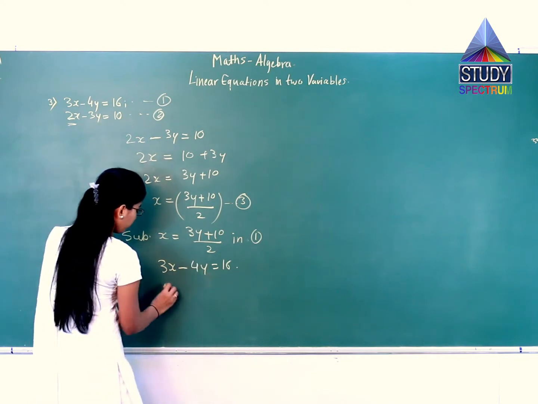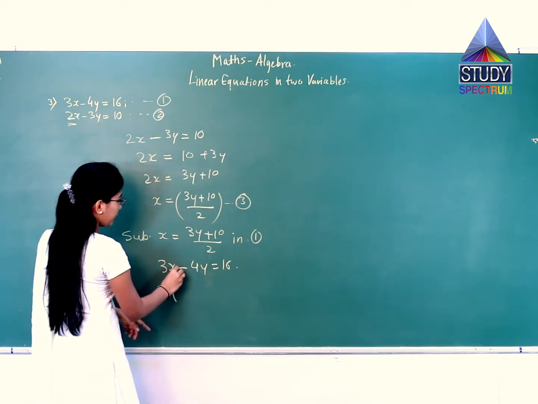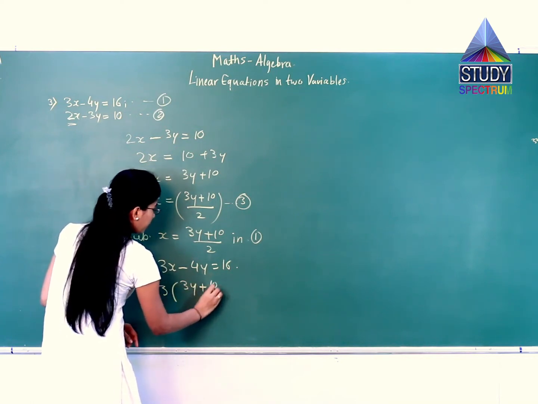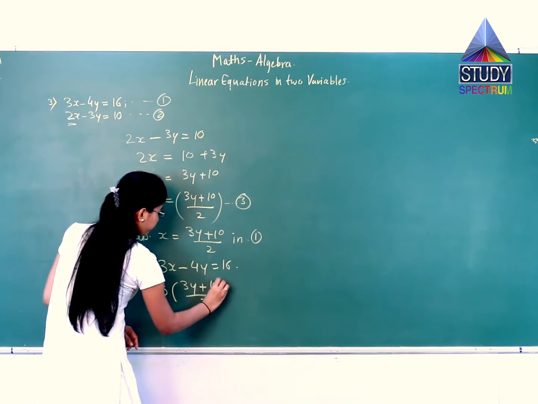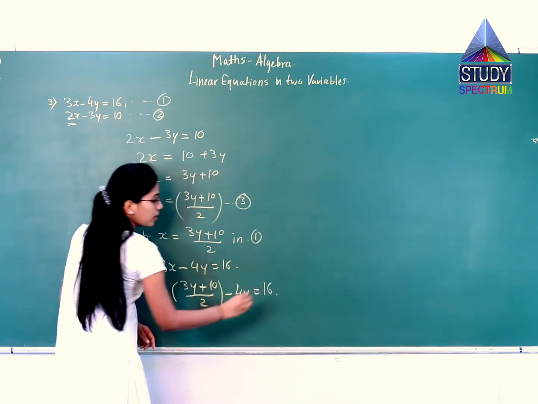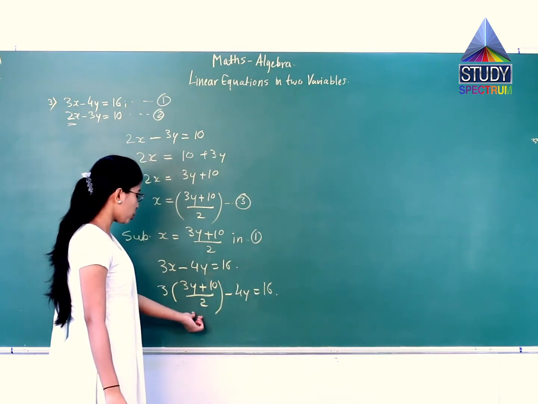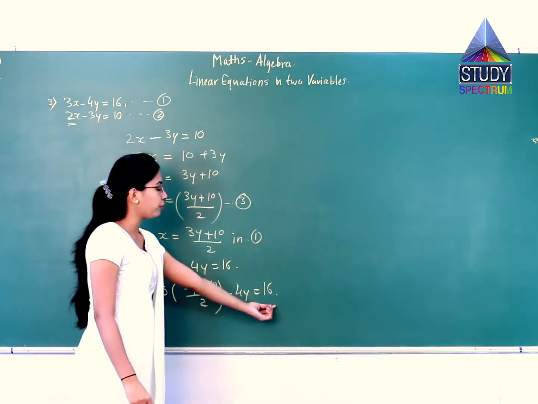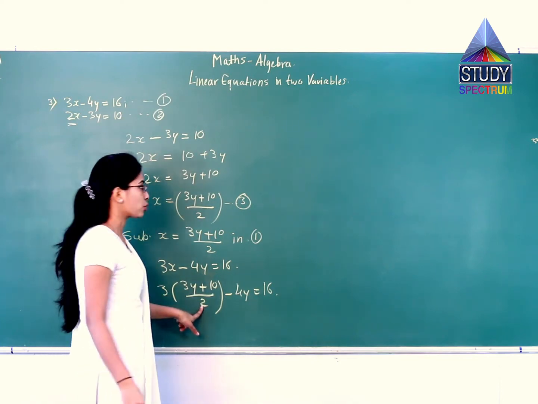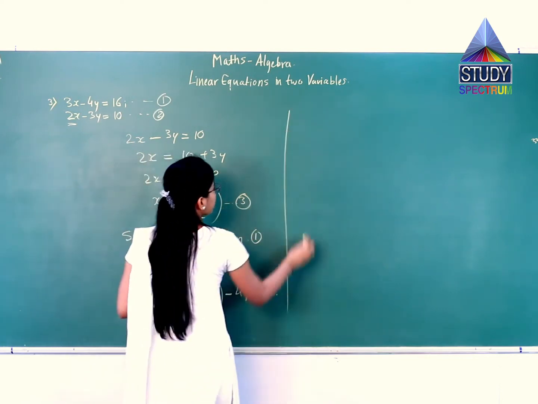So 3 as it is, instead of x we will write 3y plus 10 upon 2, minus 4y is equal to 16. What we can do, we can multiply the full equation by 2 so that this 2 will get cancelled.